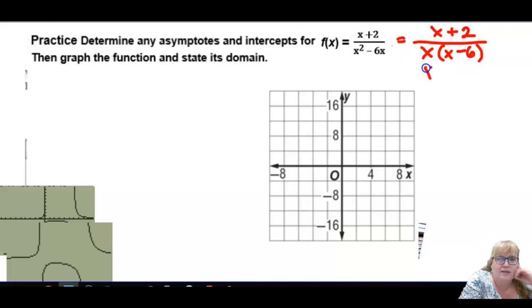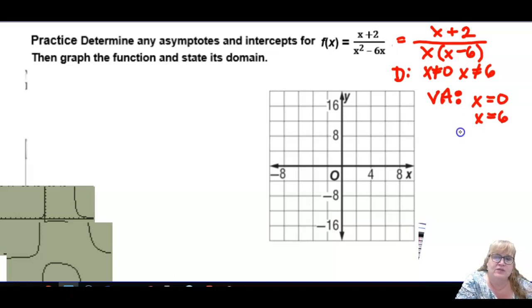All right, x equals 0 is a restriction on the domain, and x cannot equal 6 is also a domain restriction. So therefore, there are vertical asymptotes at x equals 0 and x equals 6.